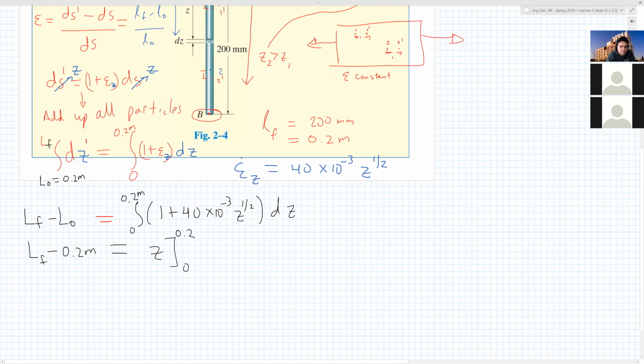Z, did I do that right? 0 to 0.2. Okay, and then we're going to do 40 times 10 to the minus 3. What is the integral of z to the 1/2? That should give you z to the, you add 1, right? So 3/2, and then you have to multiply by the reciprocal, 2/3, from 0 to 0.2.